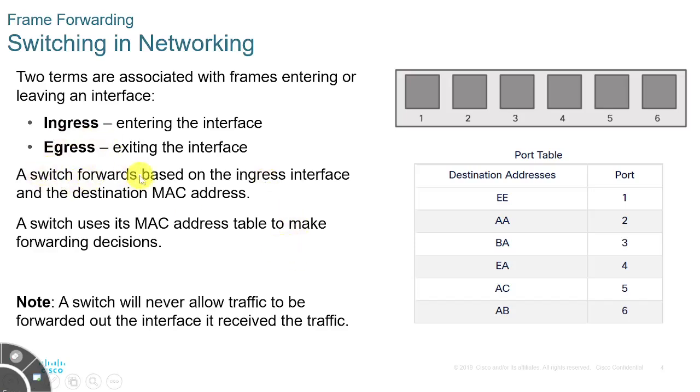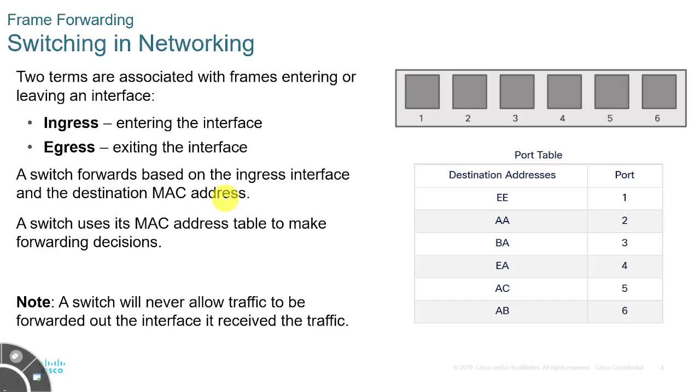So a switch forwards based on the ingress interface. The switch will look at which interface, the ingress interface, a frame comes from, and also the destination MAC address. Whenever the switch wants to forward packets or frames, it will take the decision based on the ingress interface and the destination MAC address within this frame.